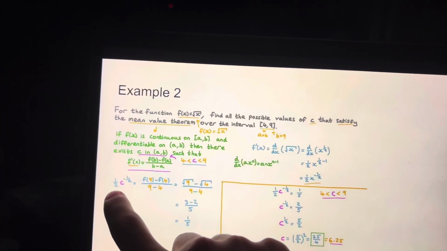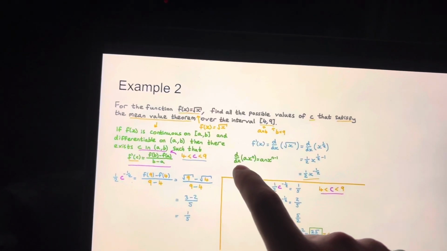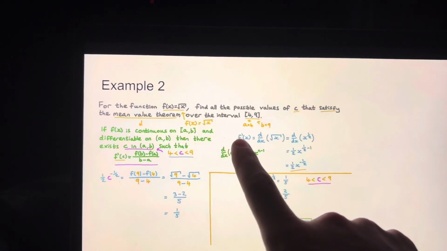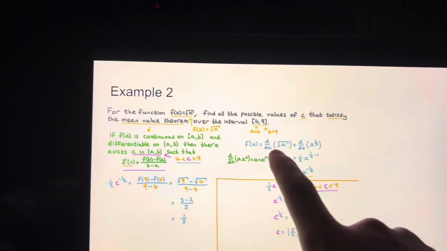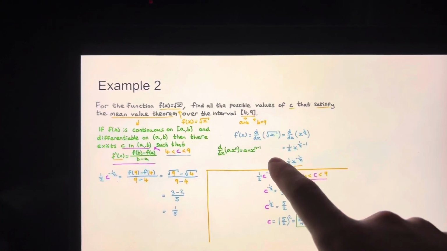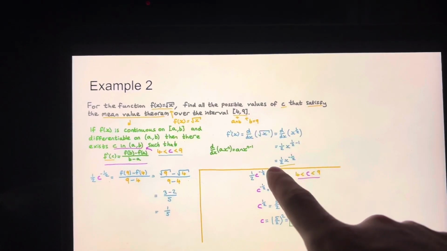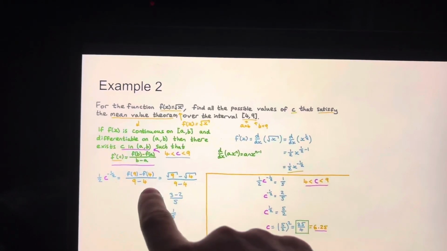I get that math by using the derivative rule: the derivative of a x^n equals a n x^(n-1). So the derivative of f is the derivative of the square root of x, which equals the derivative of x^(1/2). Then we get 1/2 x^(1/2 - 1), and then we get 1/2 x^(-1/2). So then we go over here, we can plug in c to get these numbers.